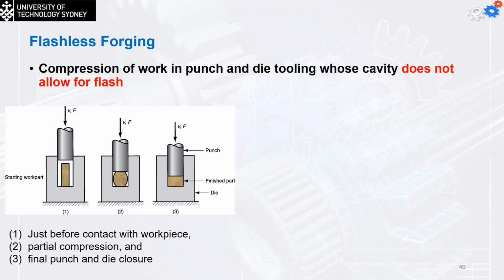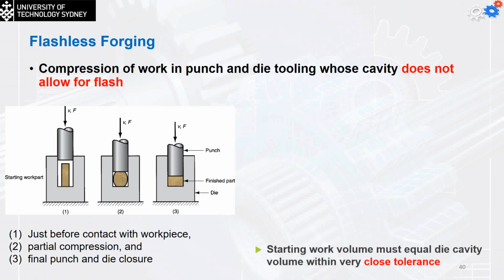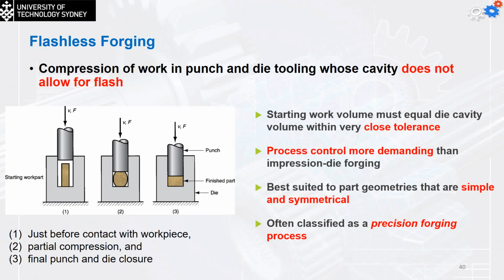The process control is more demanding than impression die forging, and it is best suited for part geometries that are simple and symmetrical so we can take the part out from the mold. It is often classified as a precision forging process because I know the volume of the final part, so I can add material which has the same volume. When I compress, I'm going to have exactly the same dimensions.